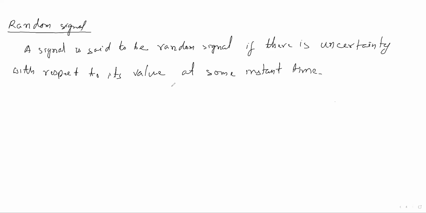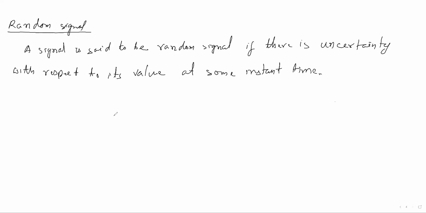So a random signal is one where there is some uncertainty at some instant of time. Suppose we have to draw a signal with respect to tossing coins. When you toss a coin one time, what will be the output, head or tail? When you toss it 100 times, what will be the output?